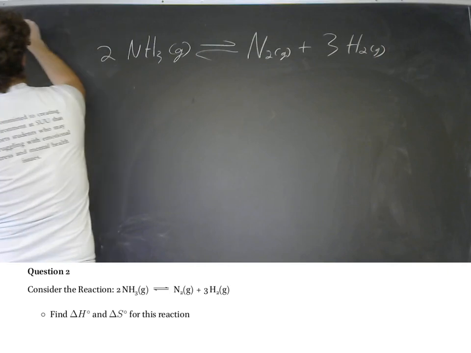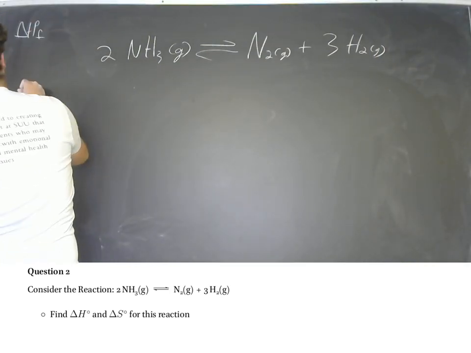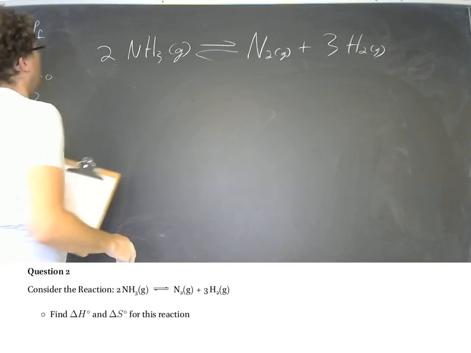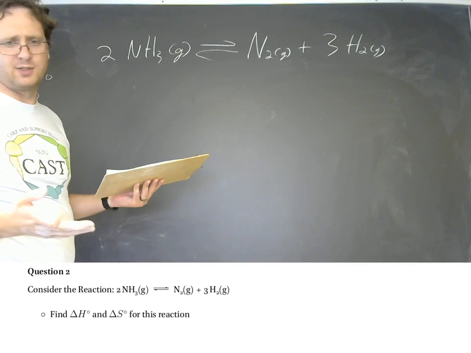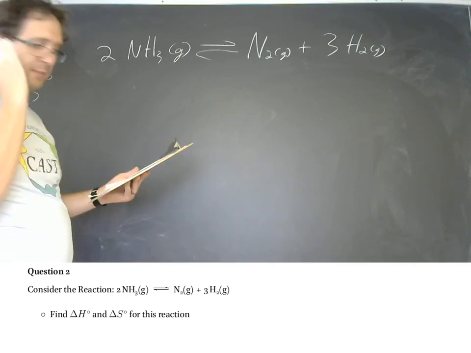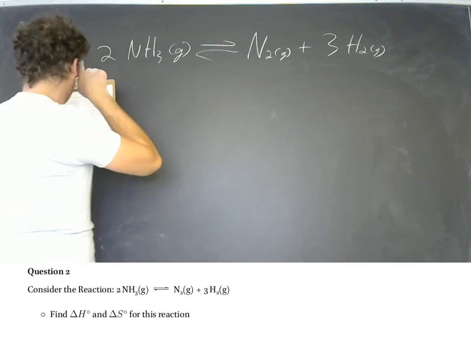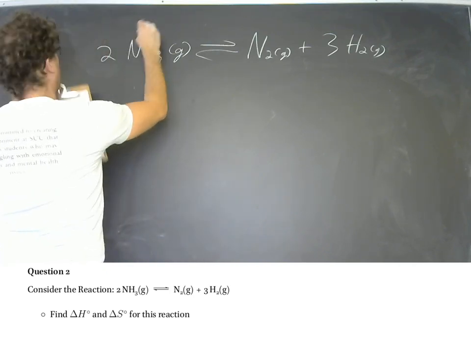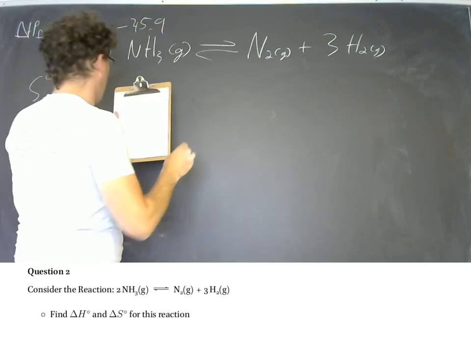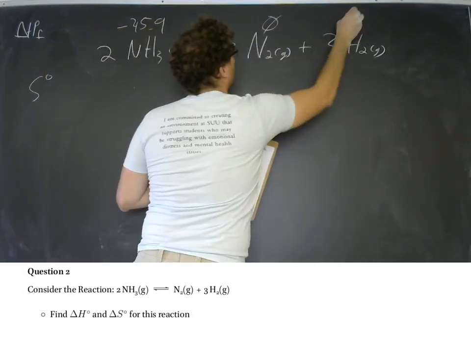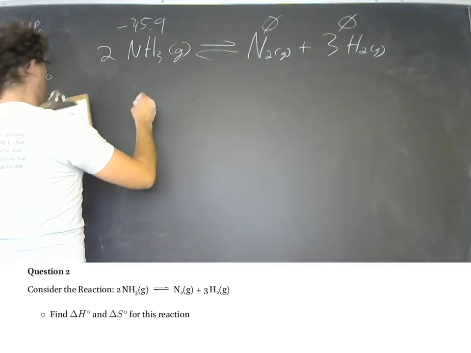And again, we'll do the delta H naught of formations on the top and the standard molar entropies on the bottom, looking up all of our values from Appendix A2. And we're going to have negative 45.9 kilojoules per mole. And then these are both 0. Makes that easy.